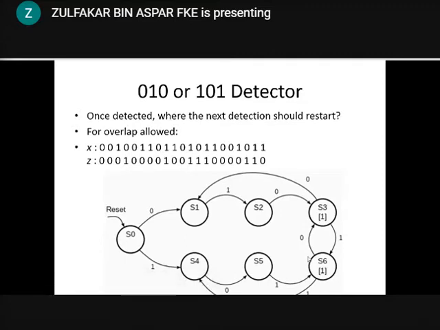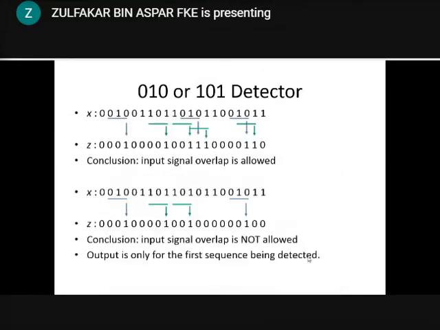You can go back and forth looking at the top example here. The second sequence, 101, when another 1 is detected, what's going to happen? Where is the arrow? For 101, if we detect 0 only, what is going to happen?